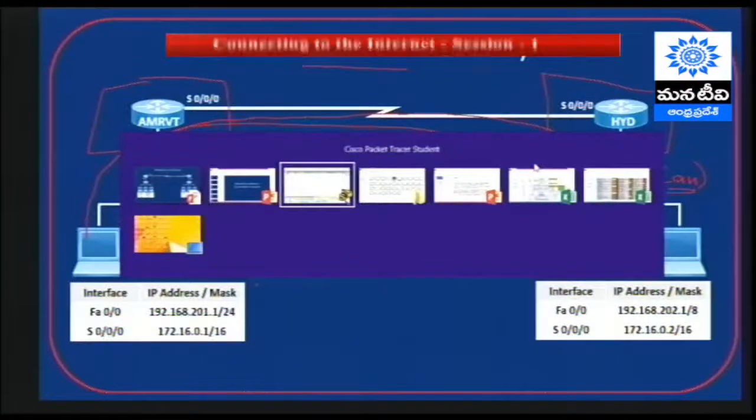So let's start by creating a network in this simulator, and then we will also see how to establish the data communication and verify it. So in this session, we will also be configuring the Cisco router so that the data can be forwarded from one network to another network. So let's get to see this software.